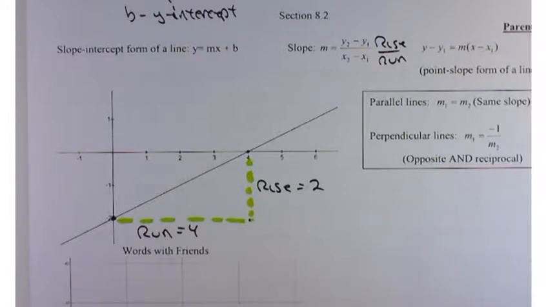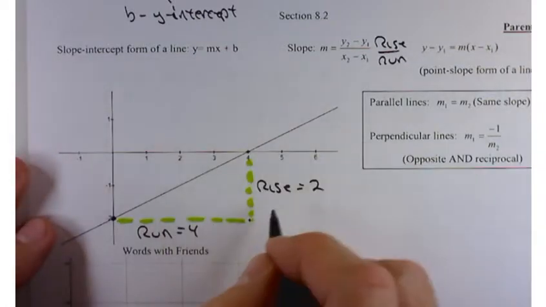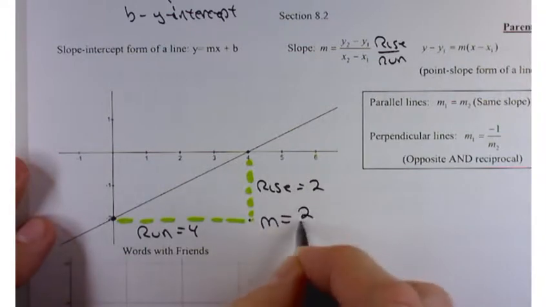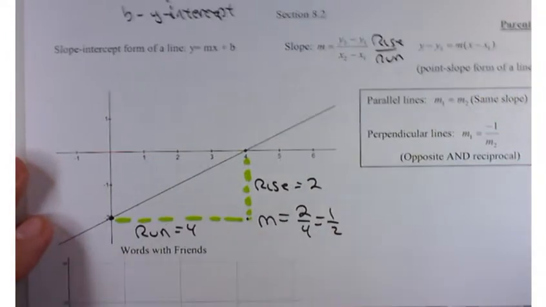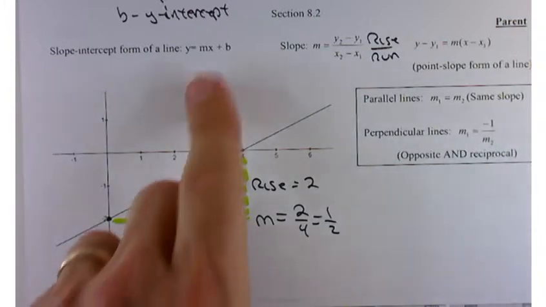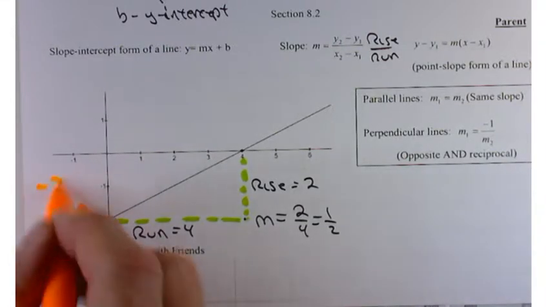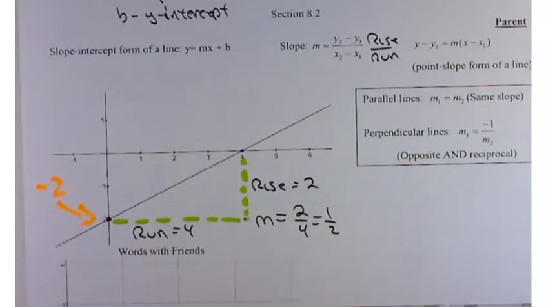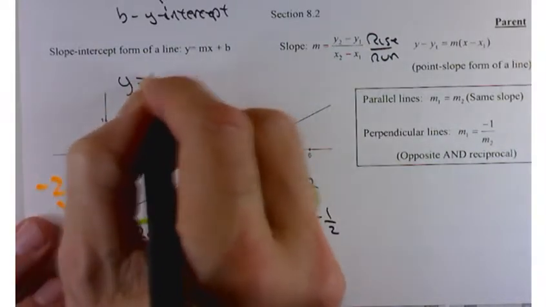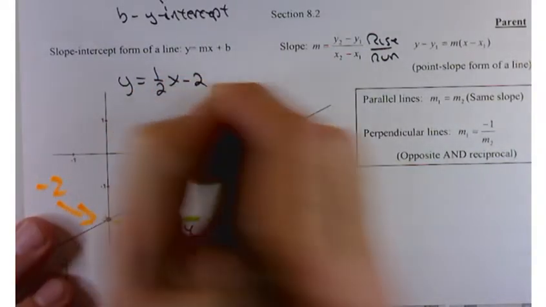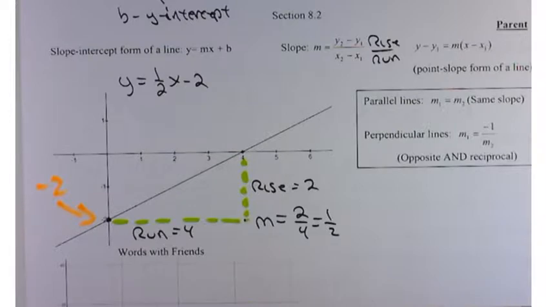So we got a slope of 2 over 4, or 1/2. So that's this term right here, the m. What's b for us in this case? -2. Wow, I think we got everything, right? This is going to be y equals 1/2 x minus 2. There's your equation. That's simple.